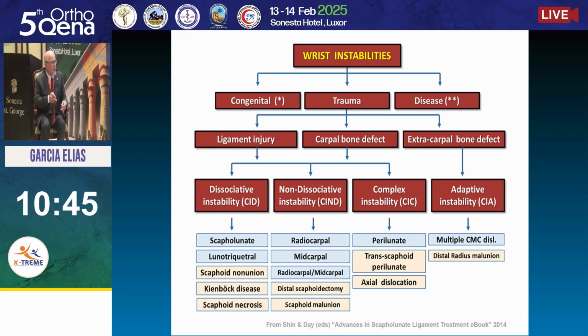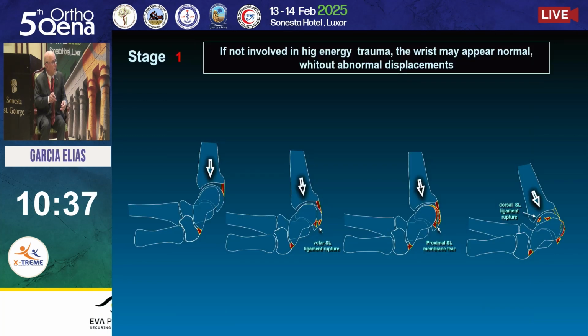So let's stop speaking about instability if it is not unstable. So let's put it this way. I think that this is an important issue that needs to be rethought.